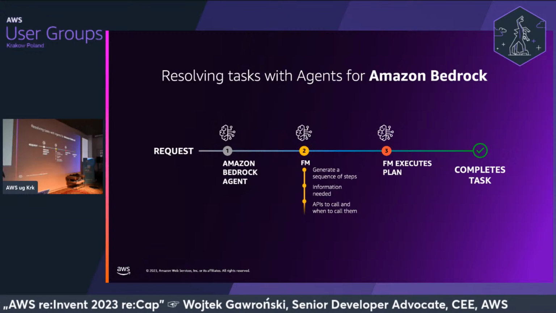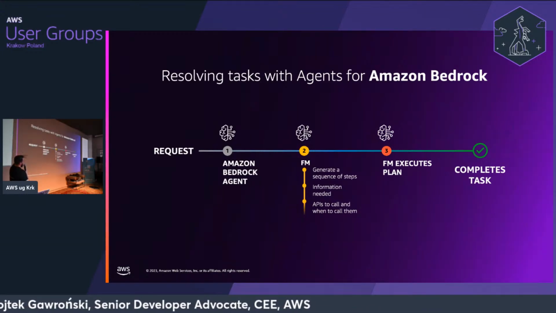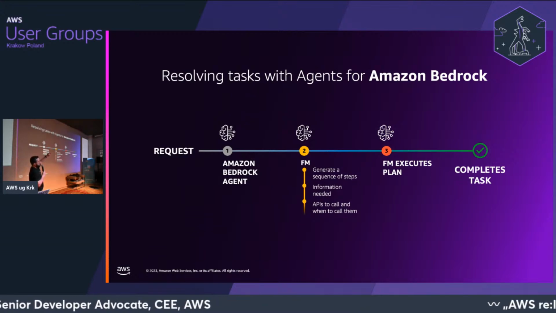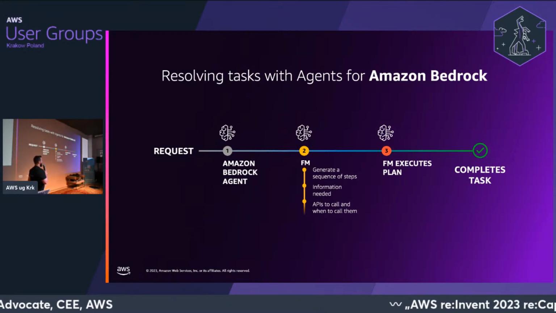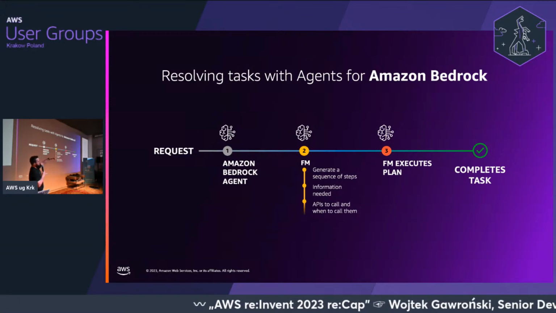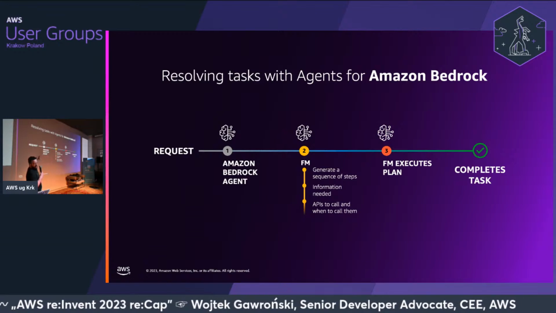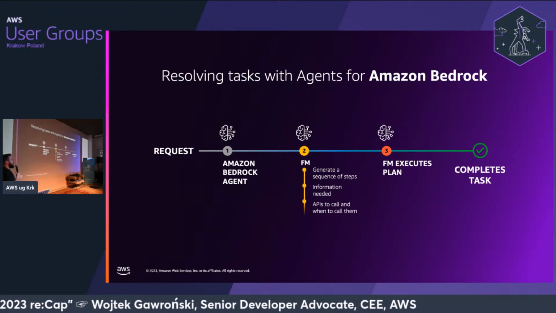How does it work? So essentially, you will be doing a request that is going to the agent. Then it will create this input for the foundation model, and this will execute the plan and complete the task. Obviously, in this particular diagram, we miss the custom actions.